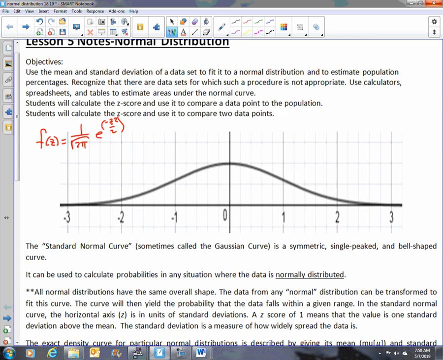First of all, the unit 1 from 0 to 1 on the standard normal curve is 1 standard deviation. So the z scale has units of standard deviation.